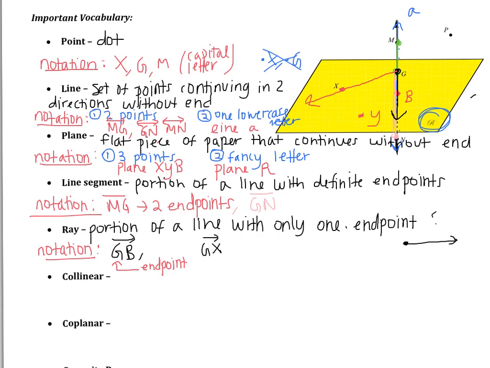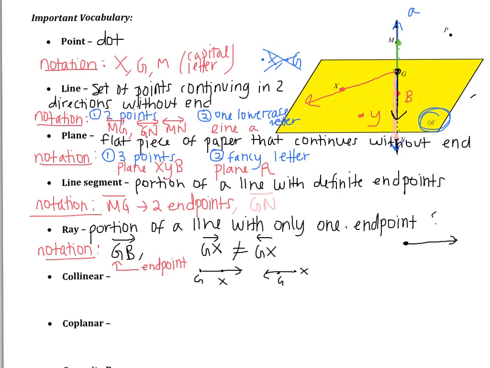So I start at G, continue towards X. That is not the same thing as this. So that's what you need to know. Those are not the same. On the left, I start at G, continue towards X. On the right, I start at X and I continue towards G.